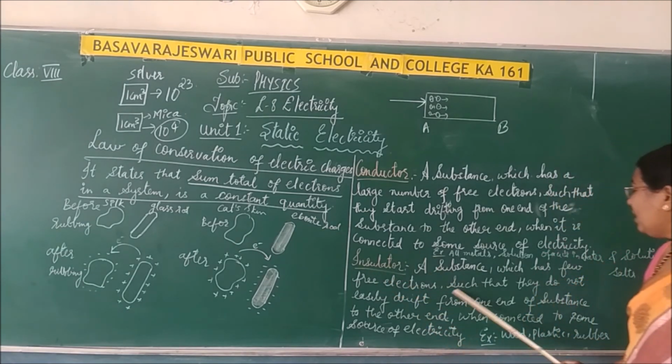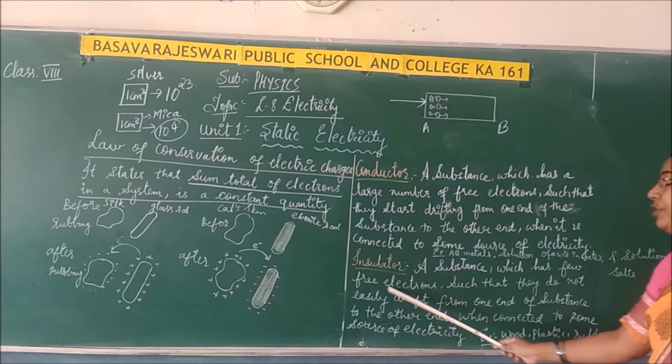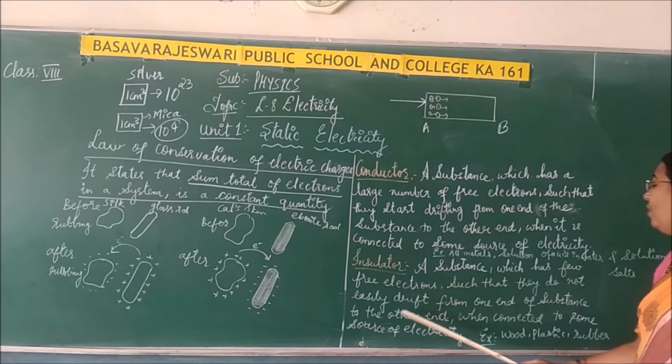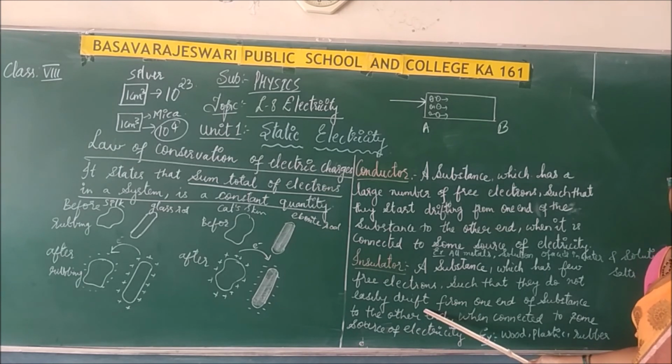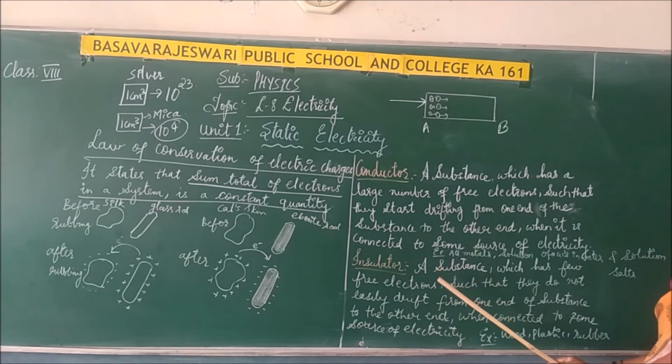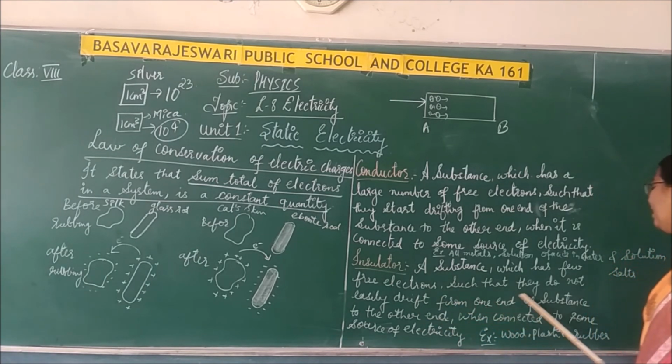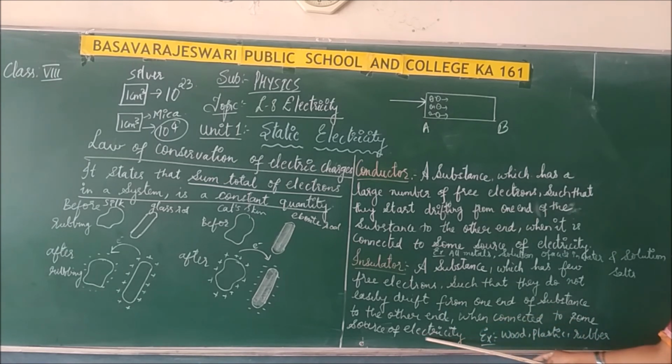So the substance which has few free electrons such that they do not easily drift, they move but not easily, they do not easily drift from one end of the substance to the other end when it is connected to some source of electricity, is called an insulator.